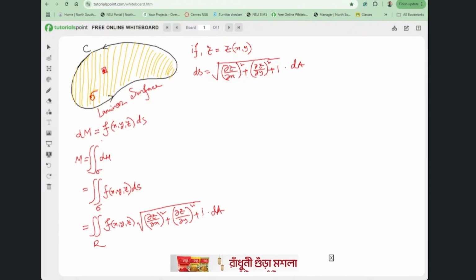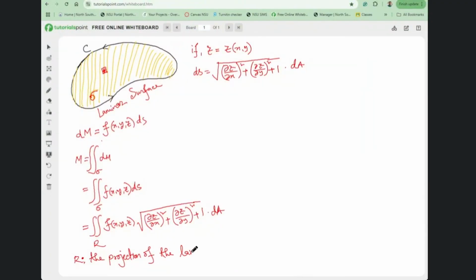Okay. So what is R? Basically, R is the projection of this surface, the laminar surface sigma, on the XY plane.